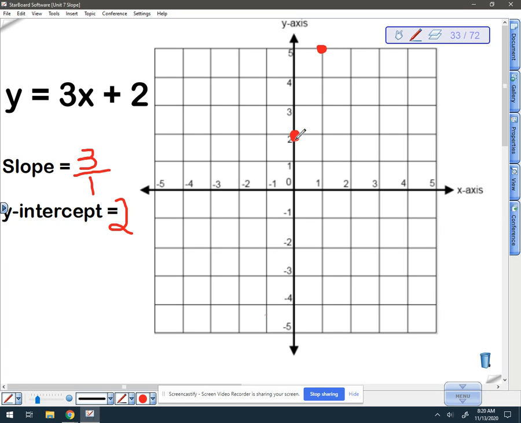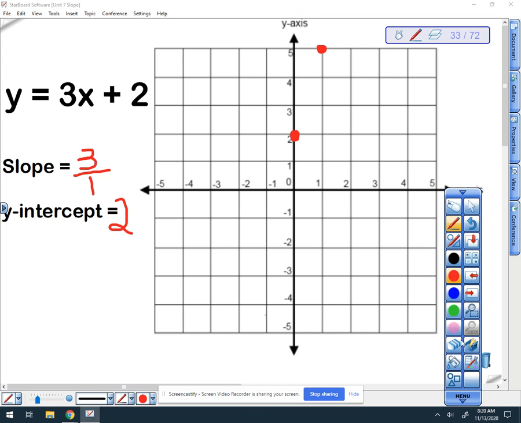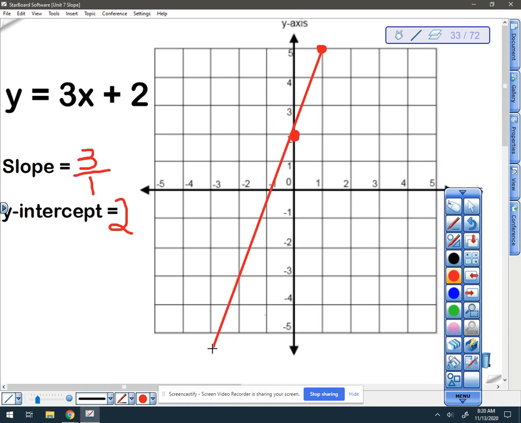If you're here, you count. Don't count where you start. Don't count until you move. So you would go 1, 2, 3, over 1. And then you could draw your line right there. And you always want to draw your line. You wouldn't just connect the 2 dots. It's a line. Lines go on forever in both directions.